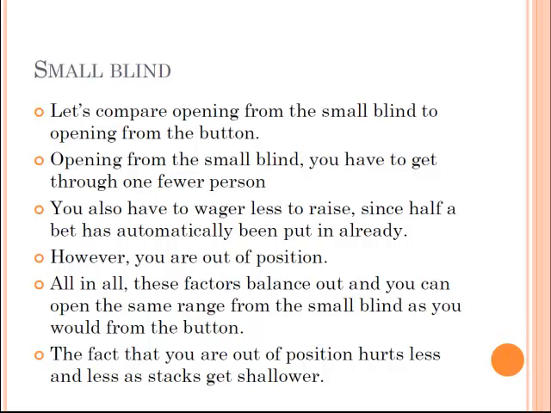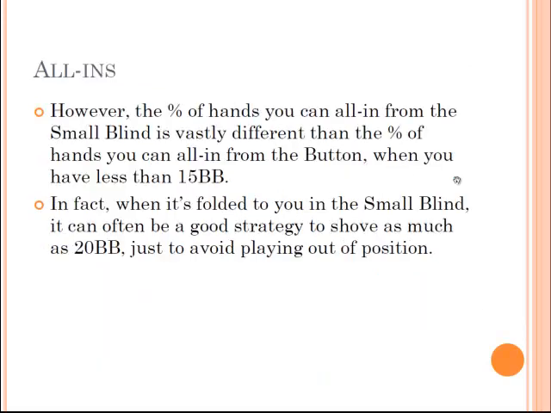Okay. So now I told you what hands you can raise. So now if you're going to go all in, I said if you have less than 15 big blinds, then instead of raising to 2.5 big blinds, you should just go all in. But the percent of hands you can go all in from is vastly different when you have significantly less than 15 big blinds.